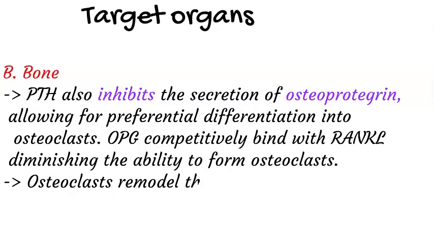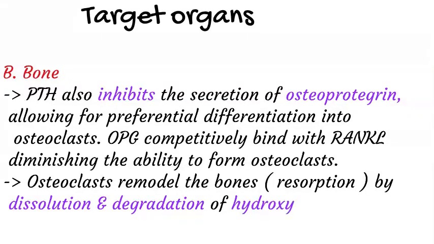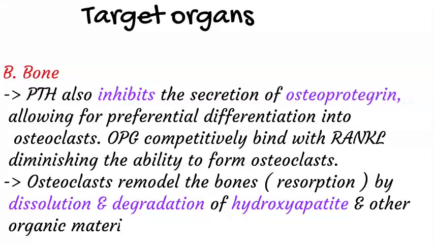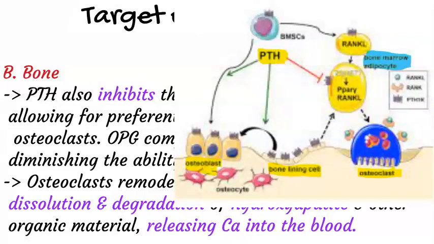OPG competitively binds with RANKL, diminishing the ability to form osteoclasts. Osteoclasts remodel the bone's resorption by dissolution and degradation of hydroxyapatite and other organic material, releasing the calcium into the blood. This figure shows how the parathyroid hormone acts on the osteoblasts and osteoclasts.